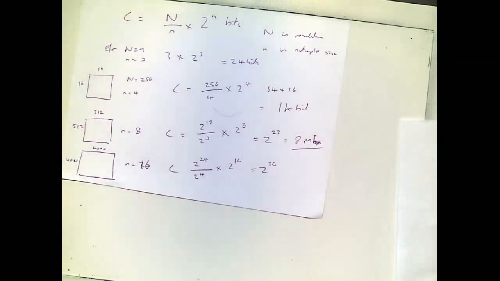And 2 to the 36 is 8 gigabits. Getting quite big, but by today's technology, still not unreasonable. So that's the sort of memory we might need for practical systems.